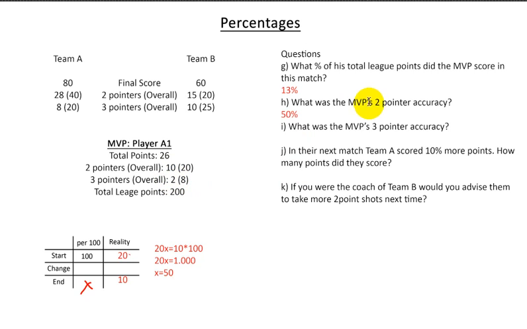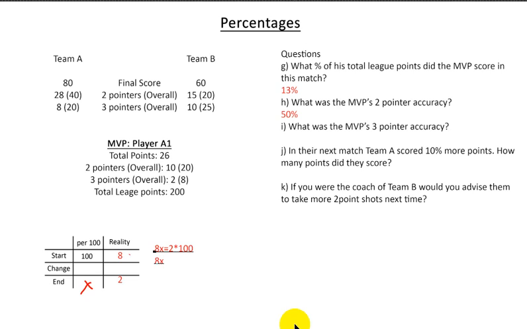Here next we're asked his three-pointer accuracy. So 2 out of 8. Total of 8, and he scored 2. So 8x needs to be equal to 2 times 100.